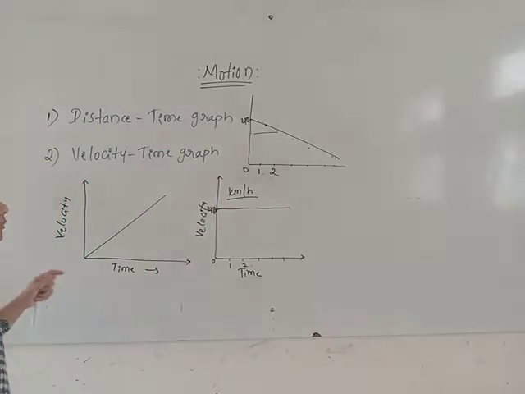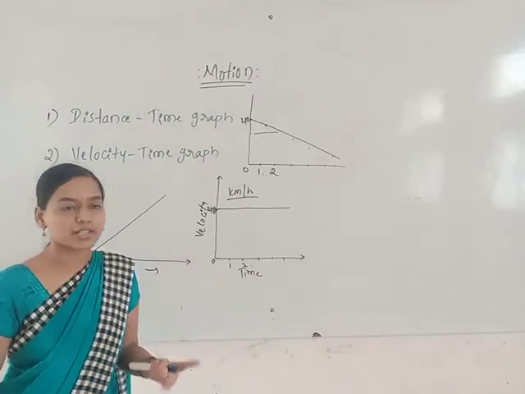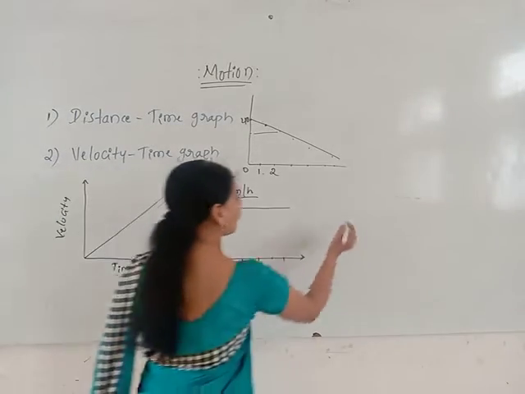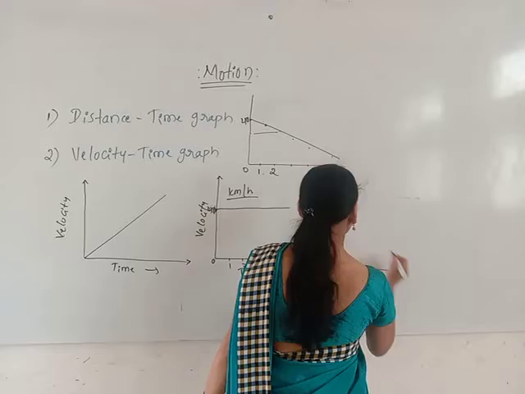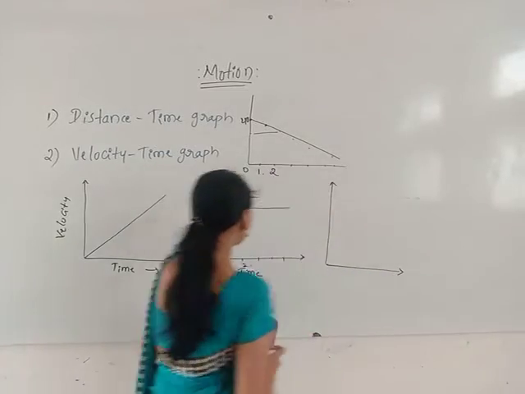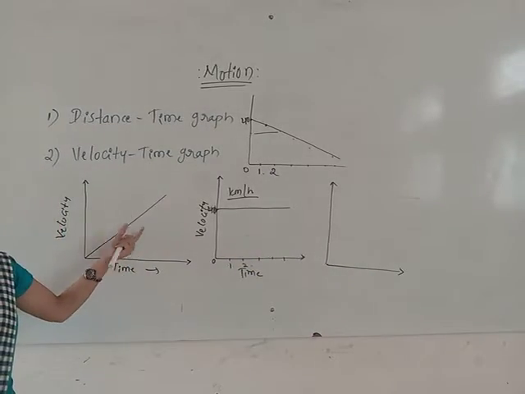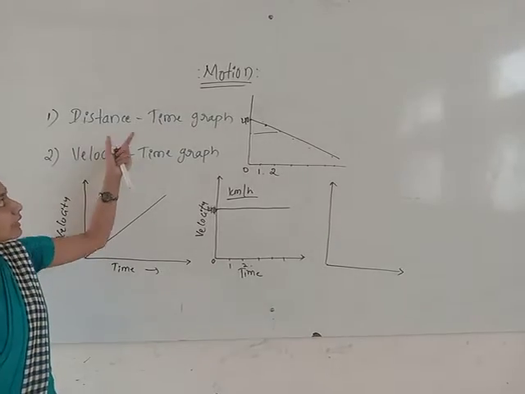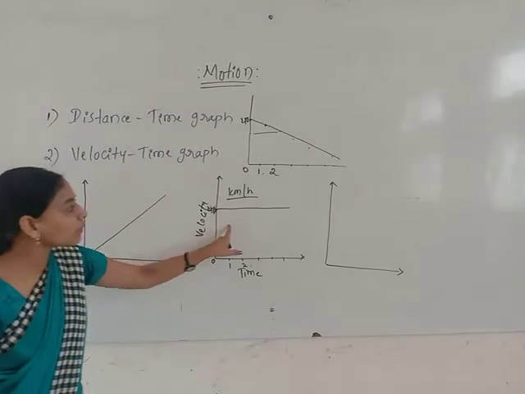And another one, if it is non-uniform acceleration. We can get the graph the same as the distance time graph. But here what happens?